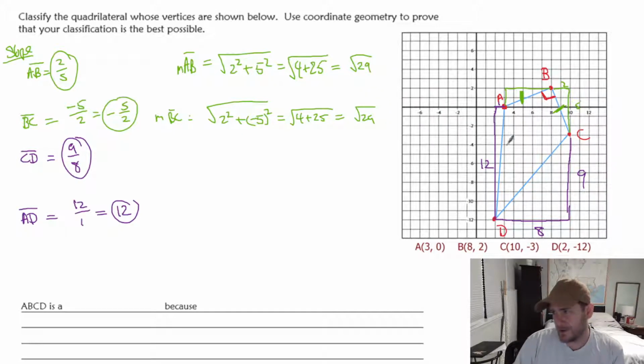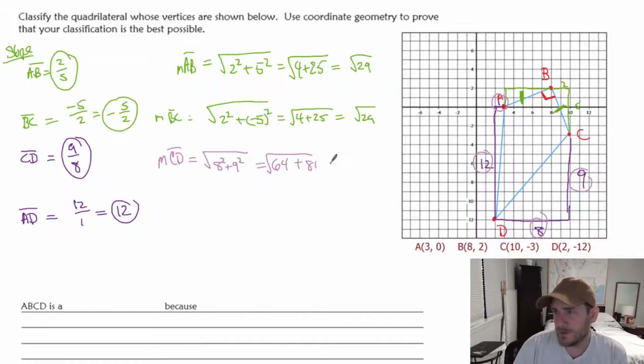Now down here, the longer blue ones, I pointed this out in class. Here, you might see the 1 and the 12, and then an 8 and a 9, and think that those are going to come out different, right? But do the math and you'll find out that they do come out to be the same. So make sure you actually do the math to double check. The measure of CD will be the square root of 8 squared plus 9 squared. So that's a 64 and an 81, which is 145, or the square root of 145.